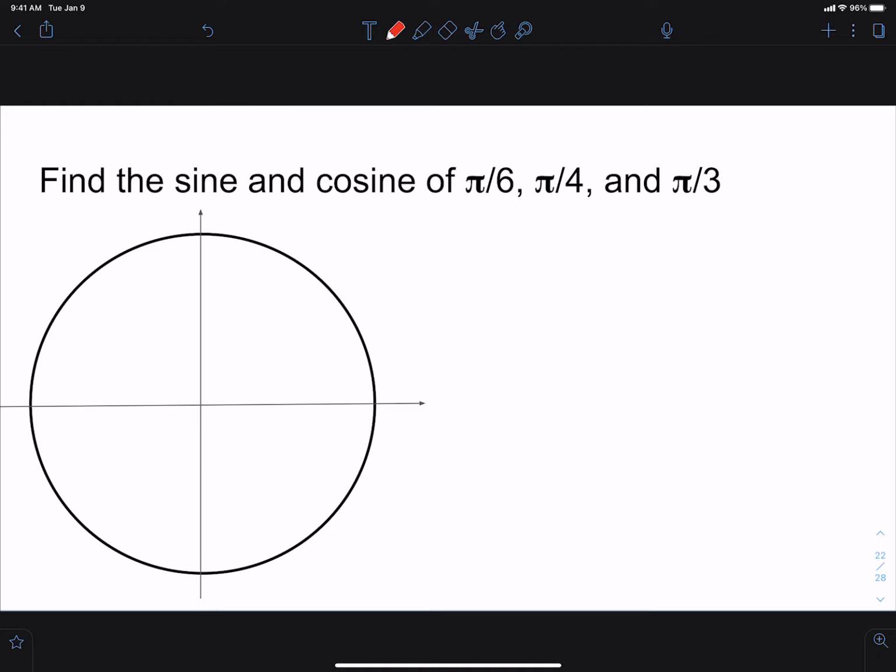Here are some special angles. Let me remind you, special angles. And there's actually 5 points along the circle in the first quadrant that we want to know. In terms of the radian measure, 0, pi over 6, pi over 4, pi over 3, and pi over 2.